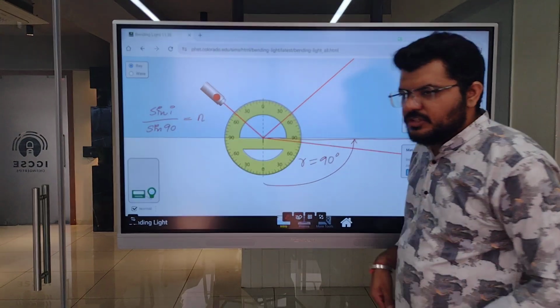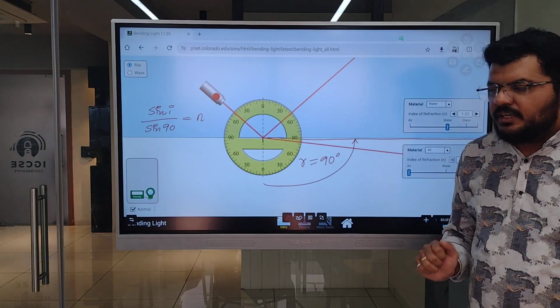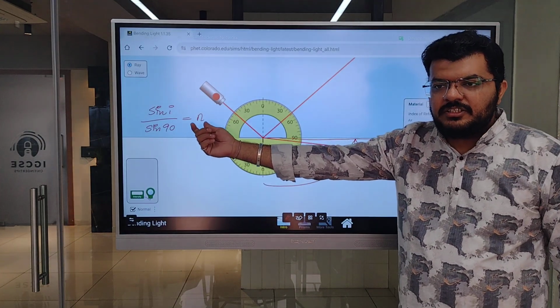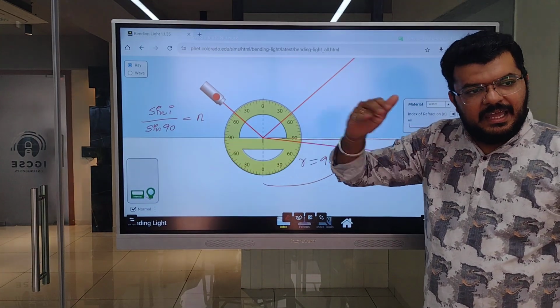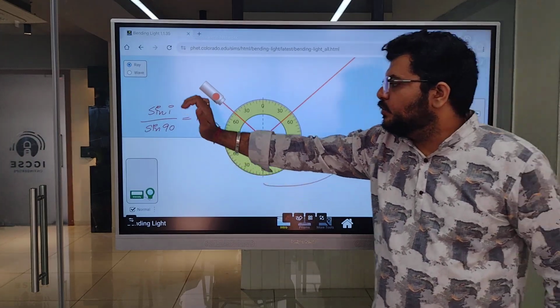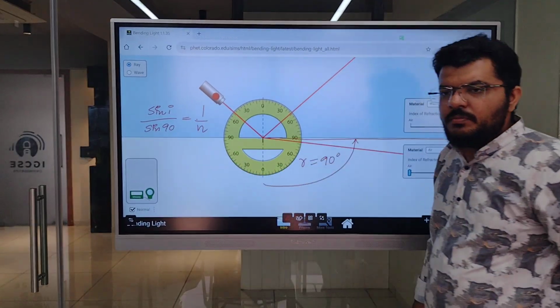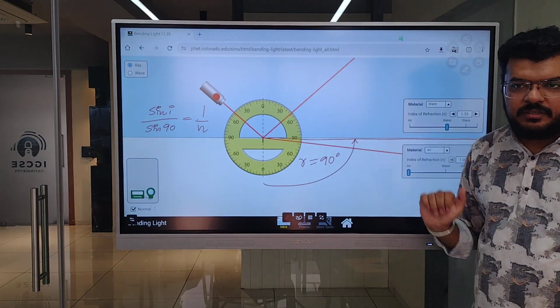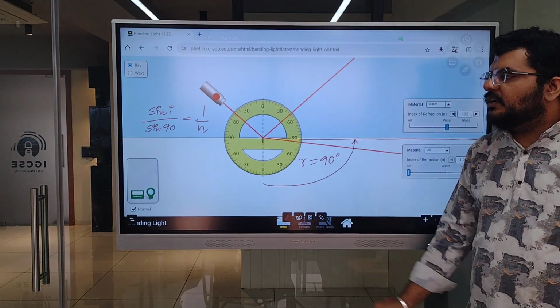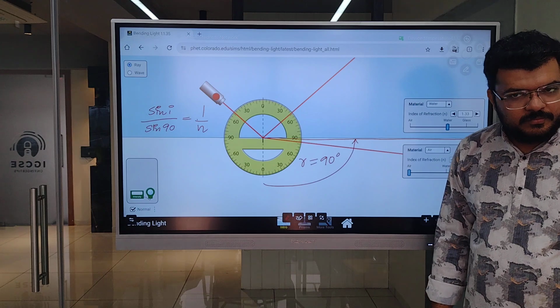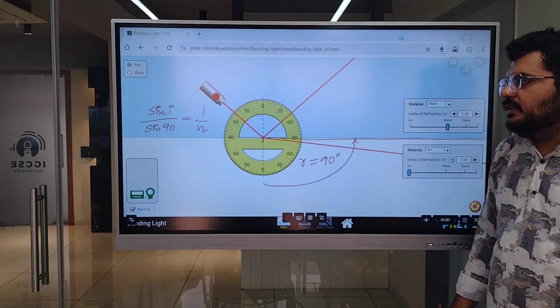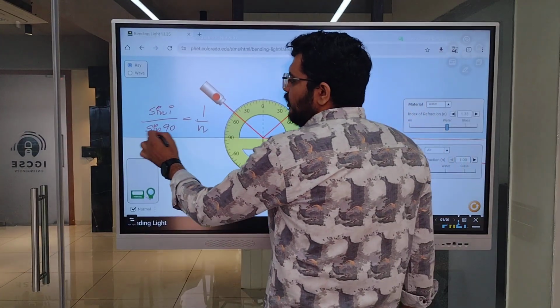Now, there is a small thing we need to change. If n is the refractive index of air to water, I should have written 1 by n over here, because it is from water to air. So the refractive index would be 1 by n. Make sense?